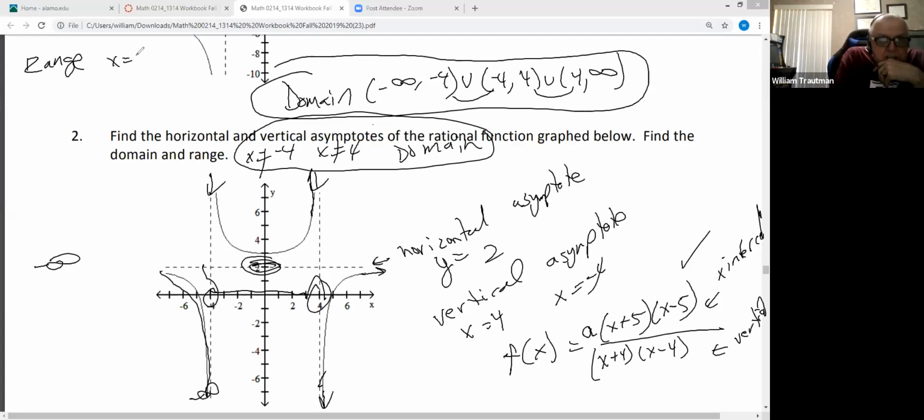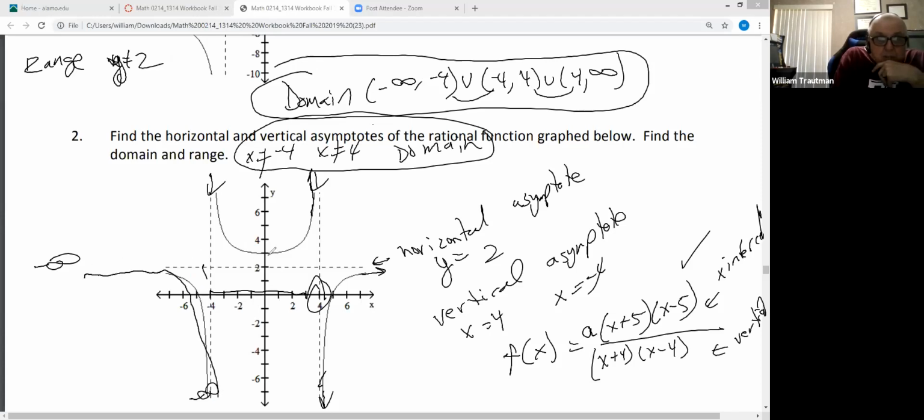Oh, by the way, range is always y equals, sorry. y cannot equal 2. We start down at the lower end of infinity. The graph comes up like it's getting ready to cross 2, but it never crosses because it's a horizontal asymptote.